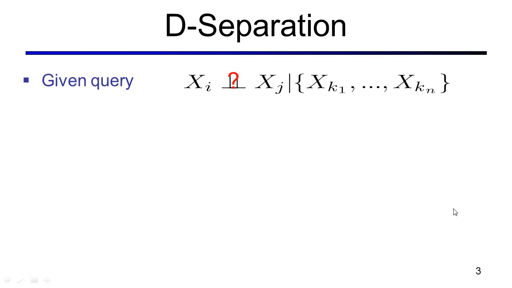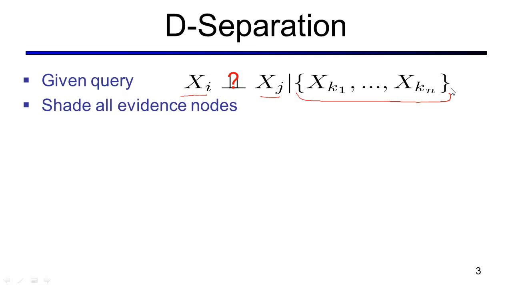Let's put together our entire D-separation algorithm here. D-separation proceeds by first being given a query. In this case, the query will be, is xi independent of xj given some evidence variables xk1 through xkn? What happens first is to shade the evidence variables.